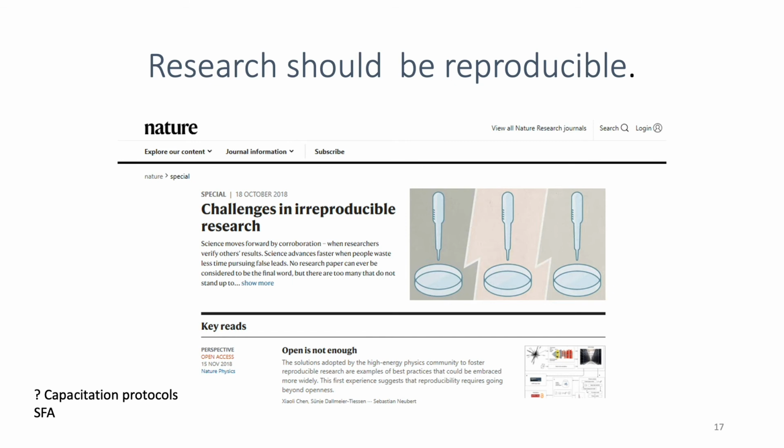Now, I'm ignoring here, of course, scientific fraud where somebody would make up the results, but basically your studies have got to be reproducible. And if you're interested in this subject, go to the Nature of the Science website and they'll give you a lot of information about reproducibility.